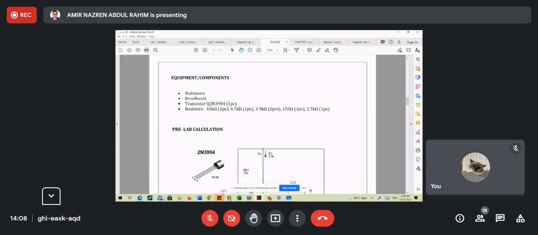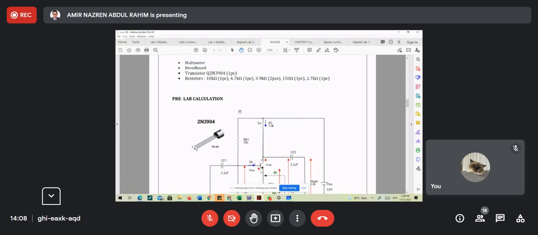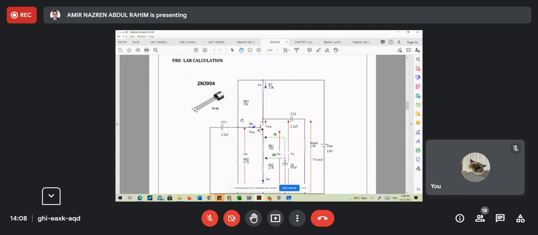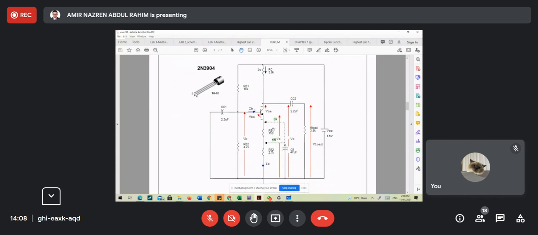Today we will use an NPN type silicon transistor, the part number Q2N3904. Along with this transistor, we need to set up the common emitter circuit that has R1, RB1, RB2, RE1, RE2. We also have RC, R load, and capacitors.